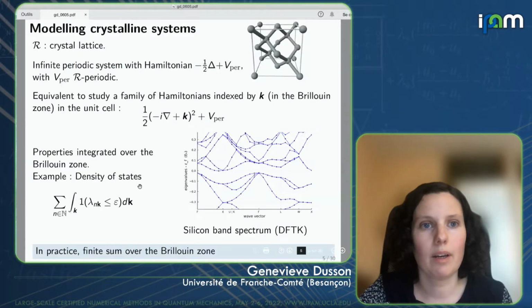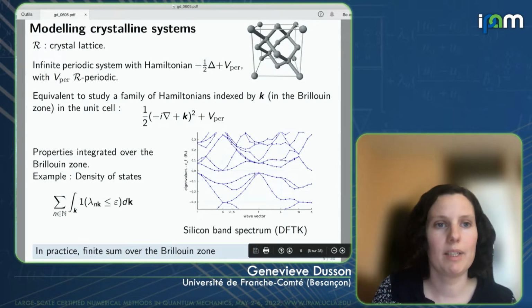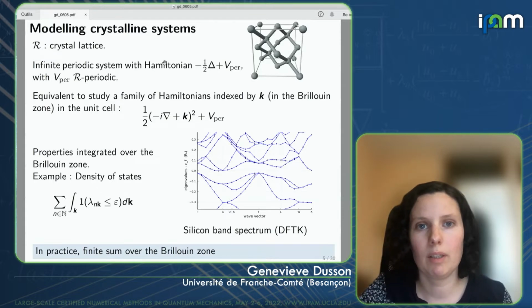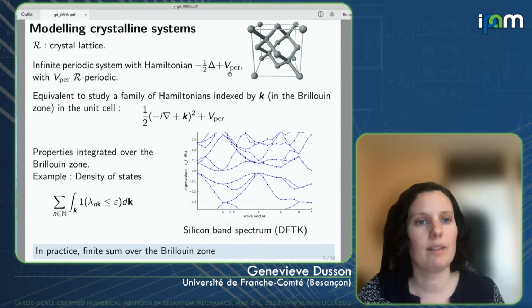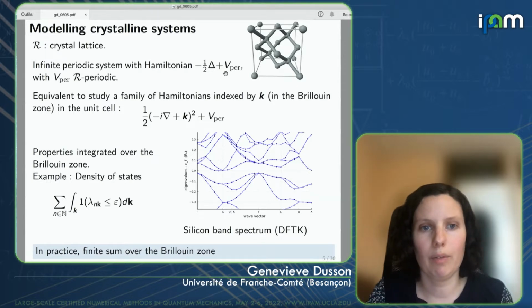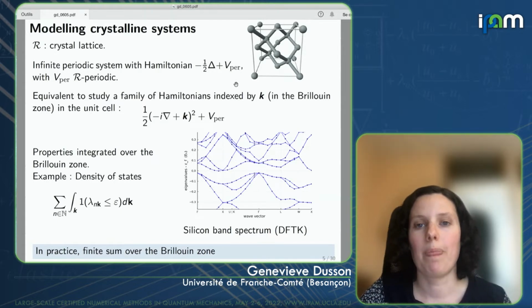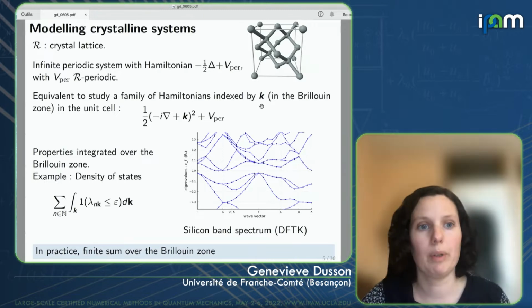Okay, so this is when we have a finite number of electrons in the system. For crystals, it's a bit different since we are dealing with an infinite periodic system with a Hamiltonian which looks a bit like this, but here the potential is periodic. In fact, this is equivalent to studying a family of Hamiltonians indexed by what is called a k-point, which lives in the Brillouin zone.